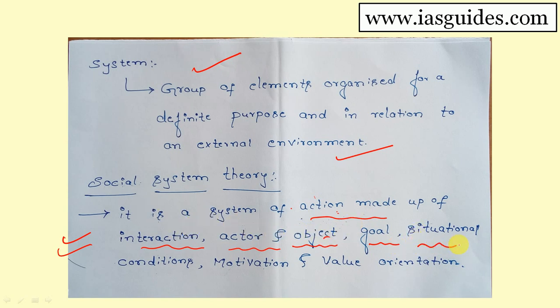Any social system will have situational conditions. It is not like a 100% yes or no phenomenon. In society, tell me in which social phenomenon we can say 100% predictable. With accuracy we cannot say that. That is what is meant by the actor being faced with situational conditions.